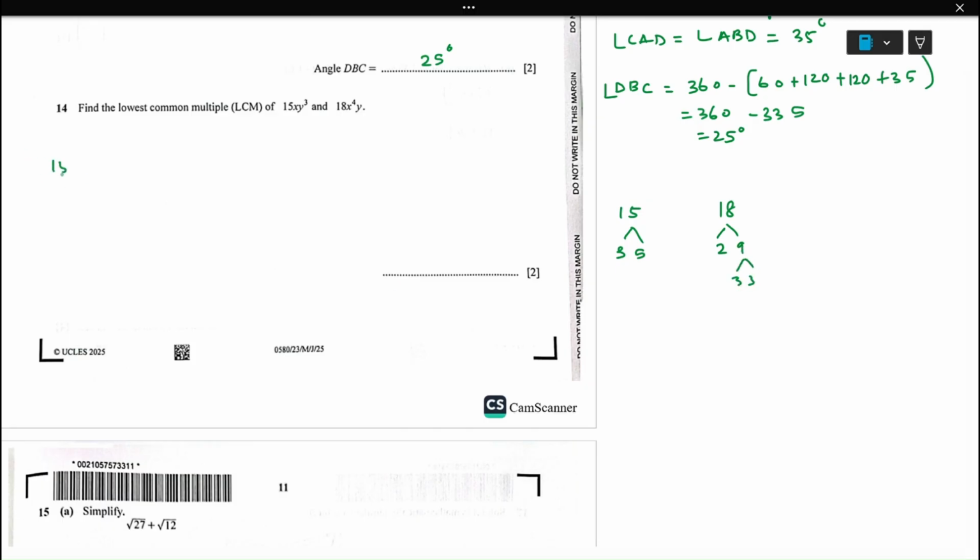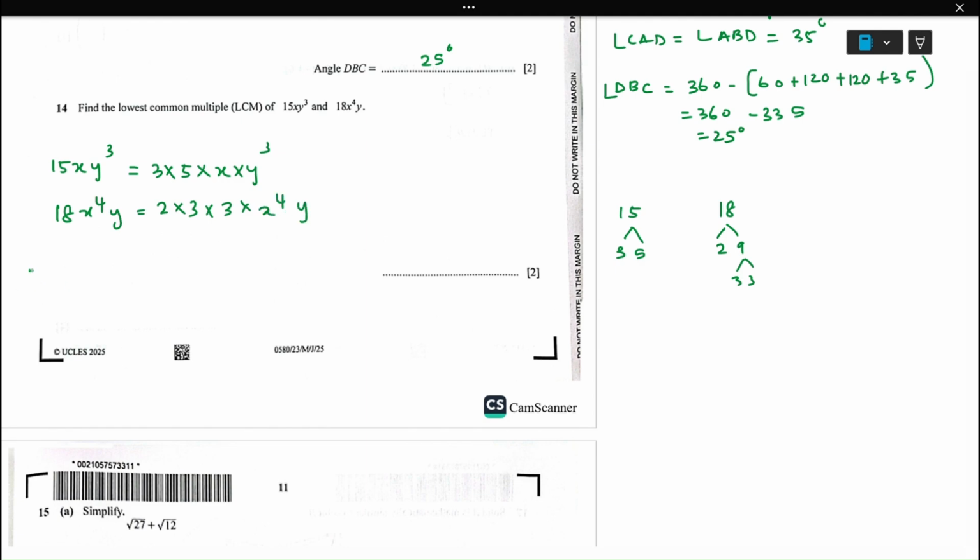So 15xy cubed I can write like 3 times 5 times x times y cubed, and 18x to the power 4 y equals 2 times 3 times 3 times x to the power 4 and y.